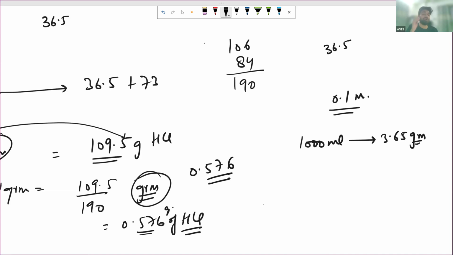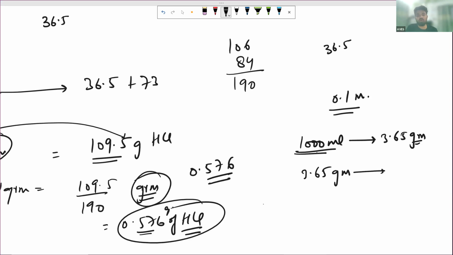Now, what you need to find out is the exact amount of solution you require. So you can write that 3.65 grams of HCl is present in 1000 ml. So 1 gram of HCl will be present in 1000 divided by 3.65 ml of solution.